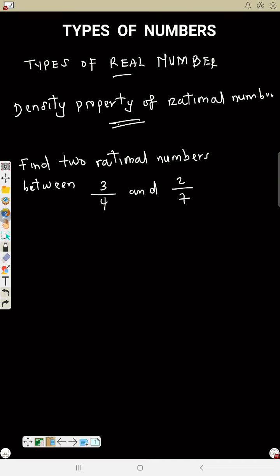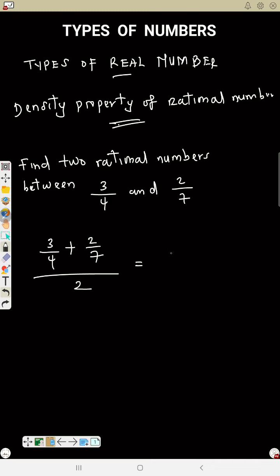We said between any two rational numbers, there are infinite rational numbers. Now, to find any rational number you like, add this and this together first. This will be 3 over 4 plus 2 over 7. Then divide the result by 2.